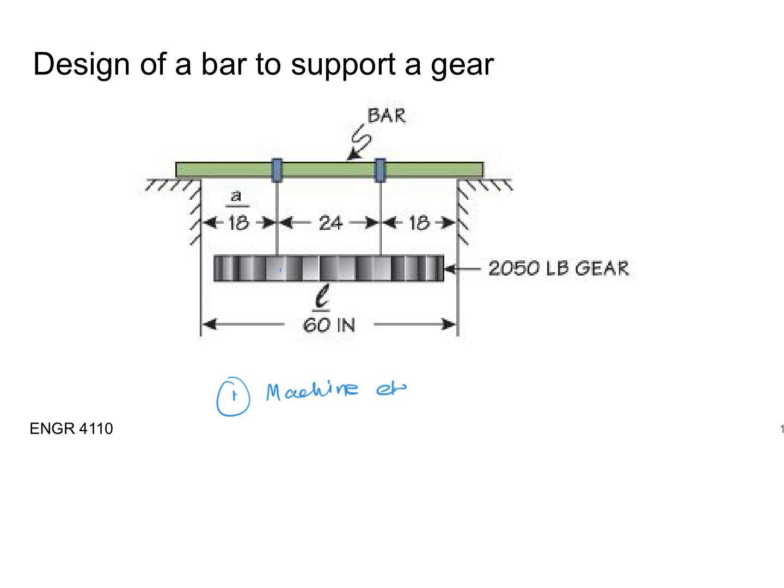So the machine element is the supporting bar. And then the bar is to hold the load. We are given that the length of the bar is 60 inches and the load is 2,050 pounds.